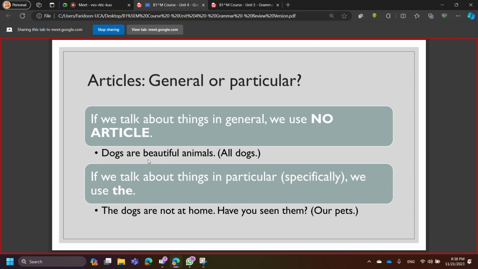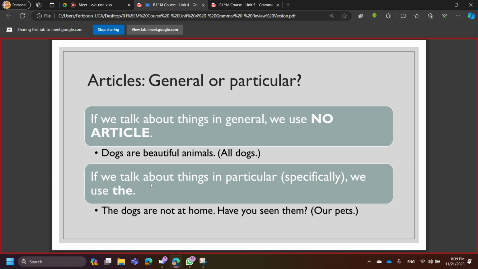Now, of course, you can also use it with uncountable nouns like salt. Salt is necessary for cooking, but here we're using plural nouns because it's easier to define and explain more. So dogs are beautiful animals. I'm talking about all dogs. So in general, all dogs. That's why I'm not using any article.